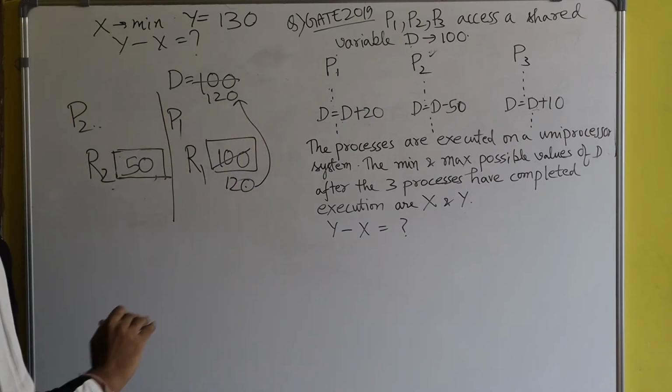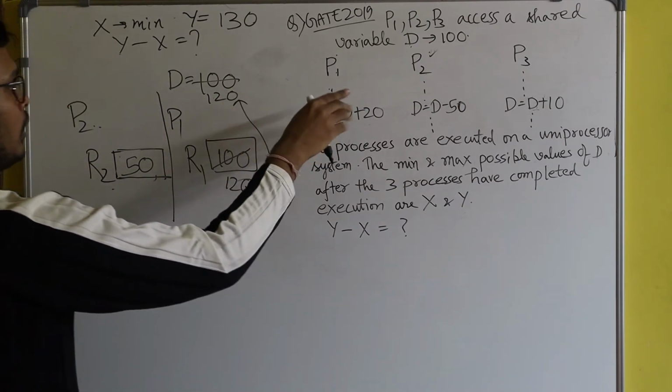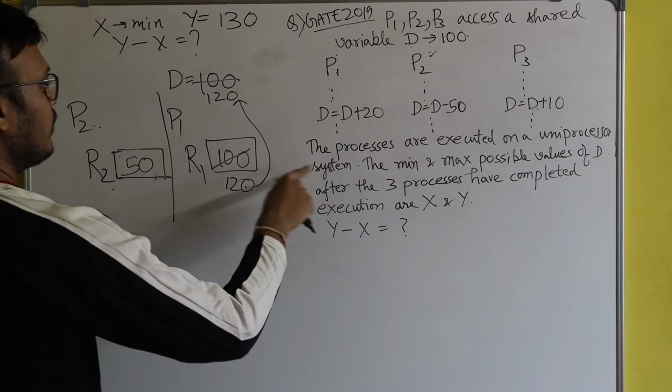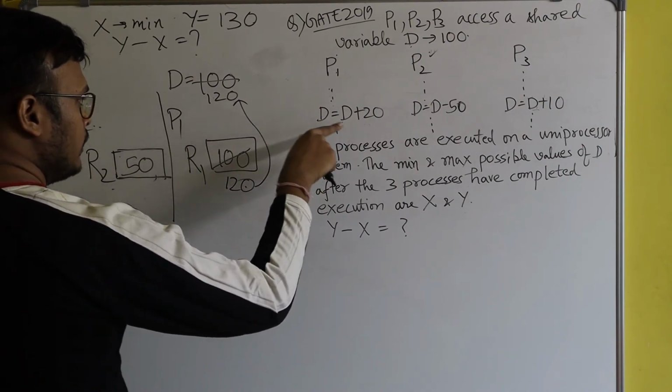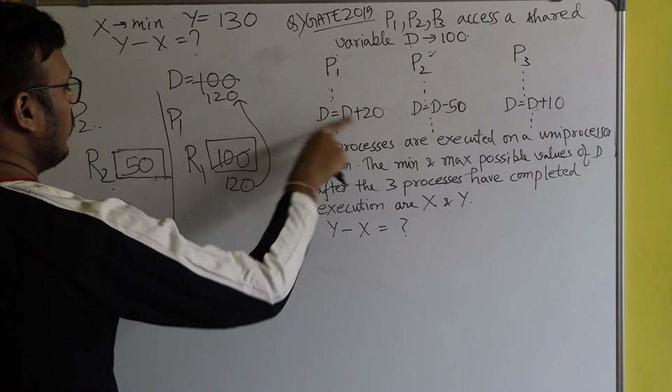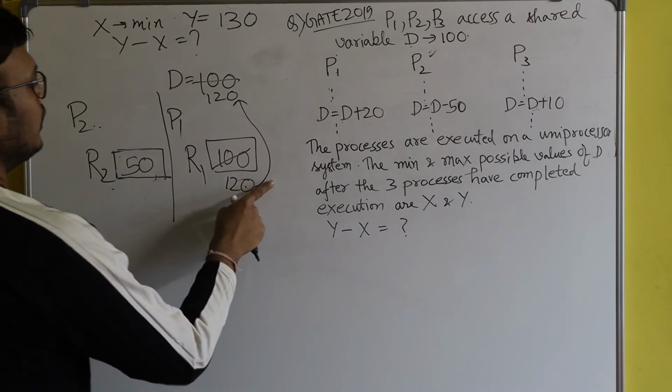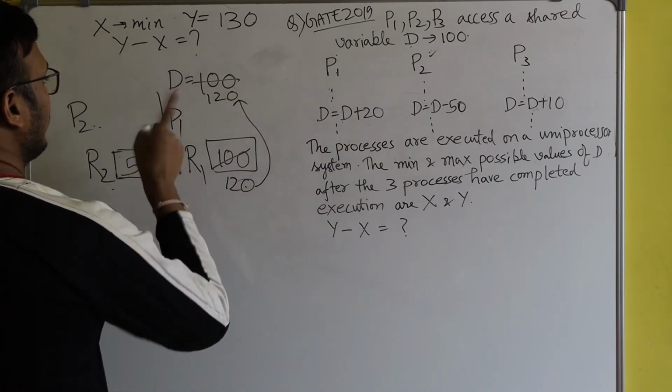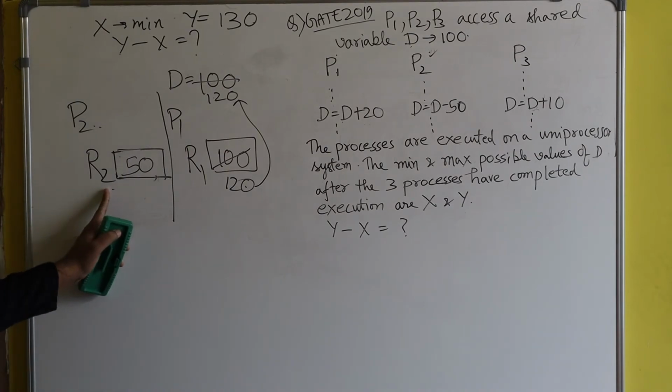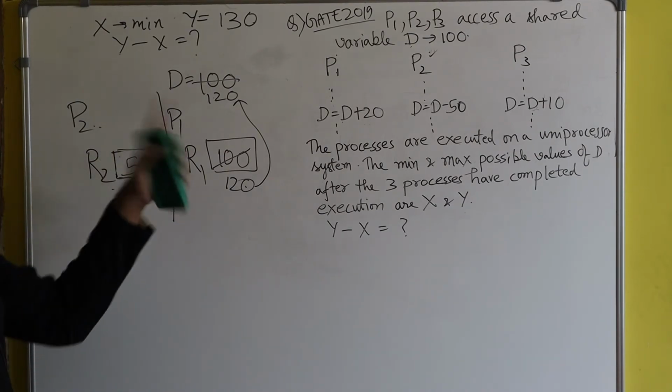So here you see P1 has successfully completed its whole task. P1 has done the increment by 20, and also P1 has stored the updated value to the variable d. But process P2 has not yet done the storing part.